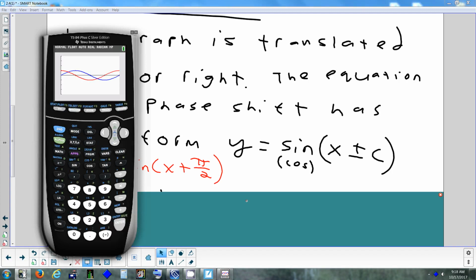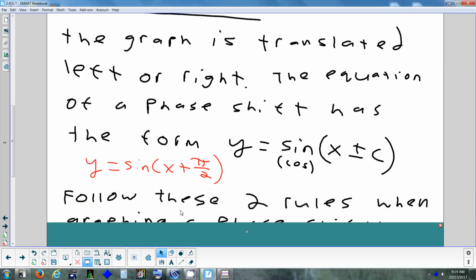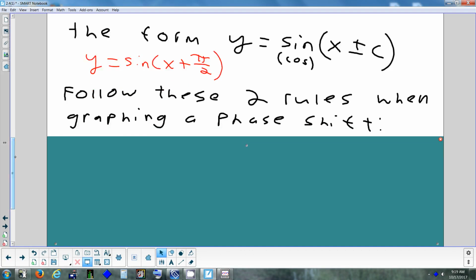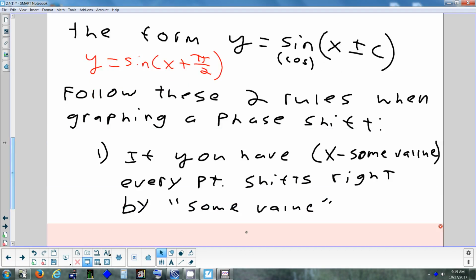Which way did the blue graph move? It moved left. Okay. The blue graph was moved to the left when I added. So it's not what you would always expect. So if the graph is going to move left when I add, it's going to move right when I subtract.